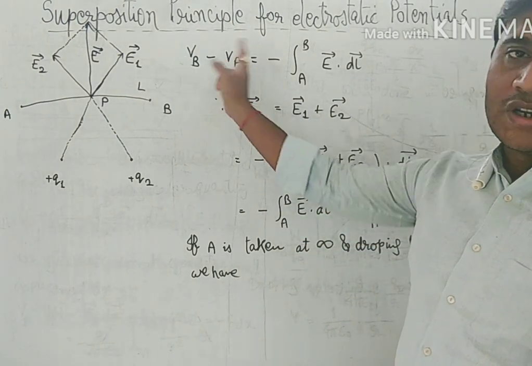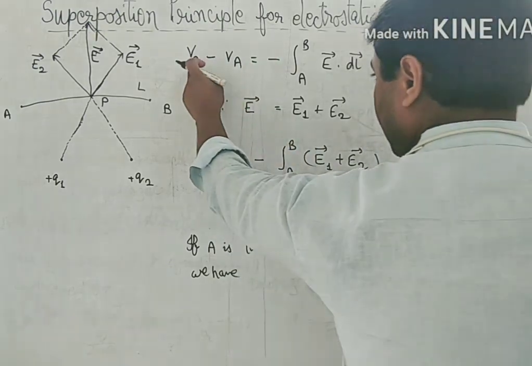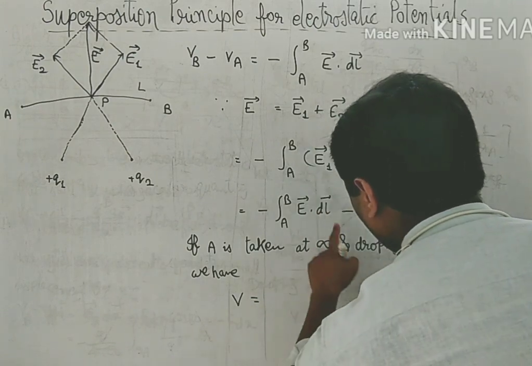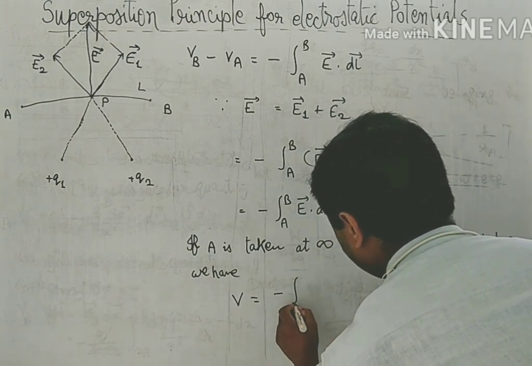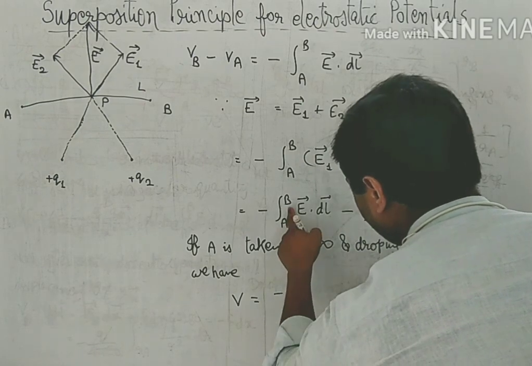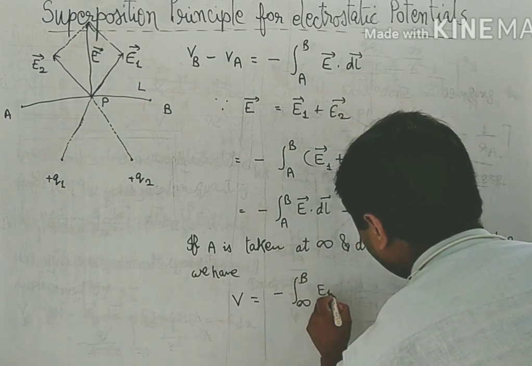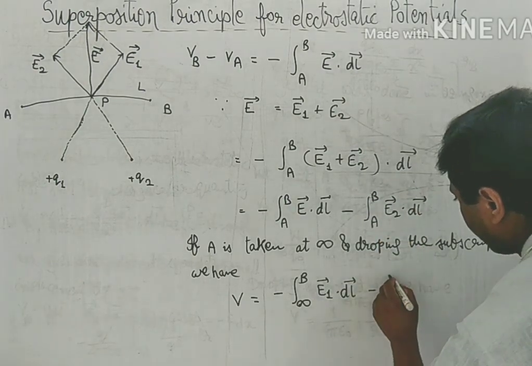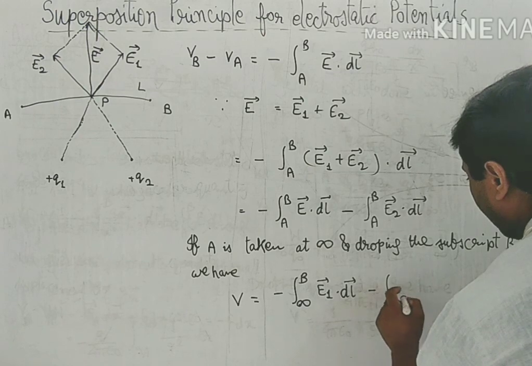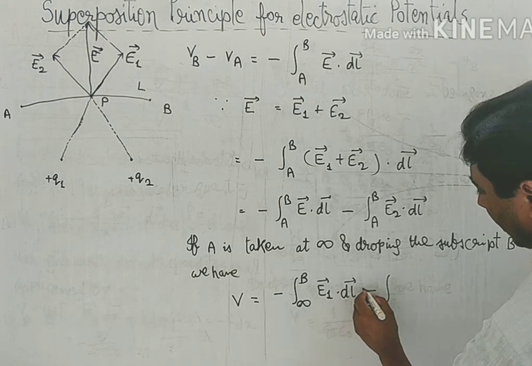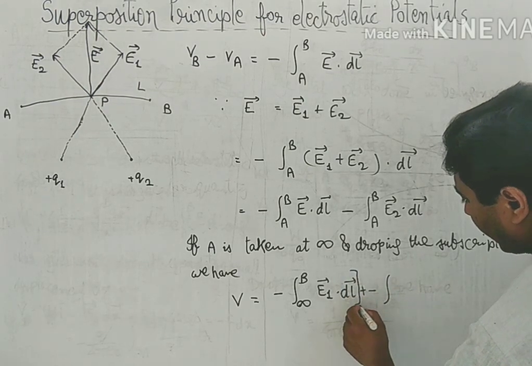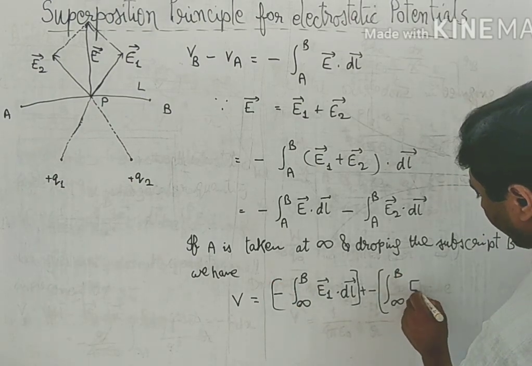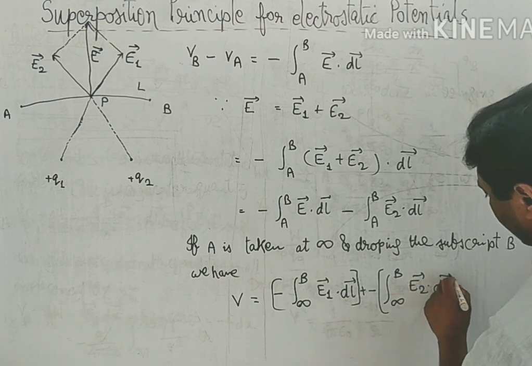We have VB on the left-hand side, and dropping the B subscript, we have only V. So this V is equal to minus integral from infinity to B of vector E1 dot dl, minus, actually you can write it as plus with a bracket here, integral from infinity to B of vector E2 dot dl.